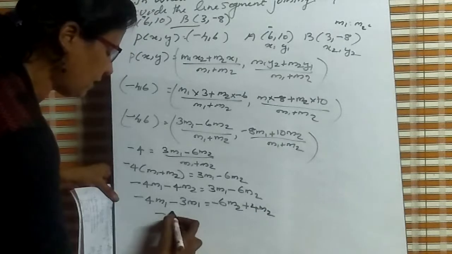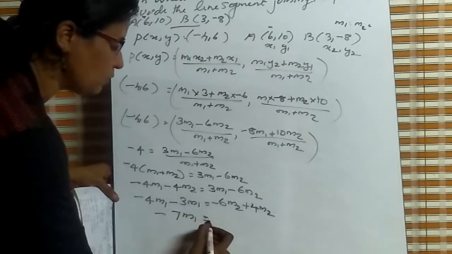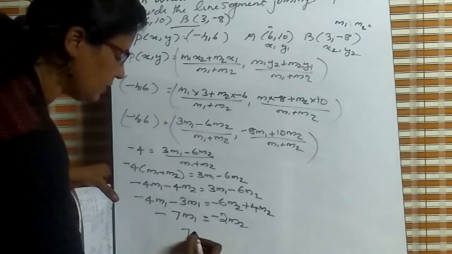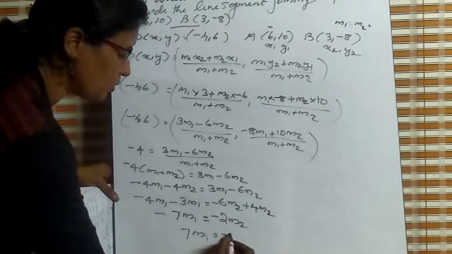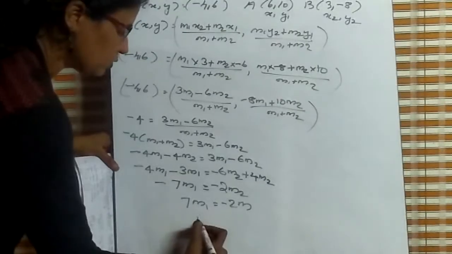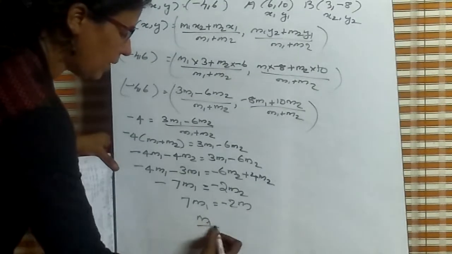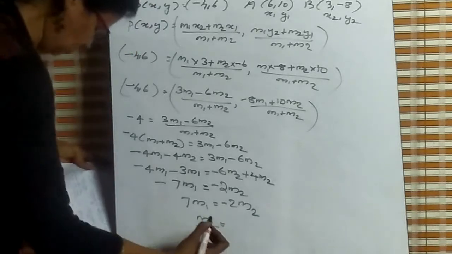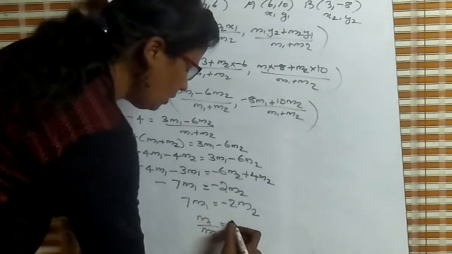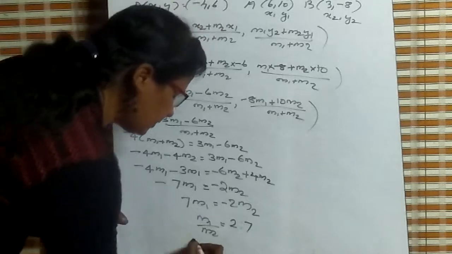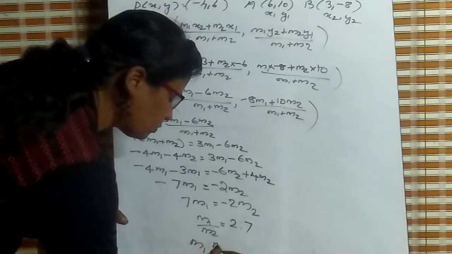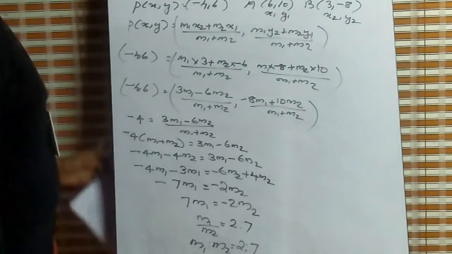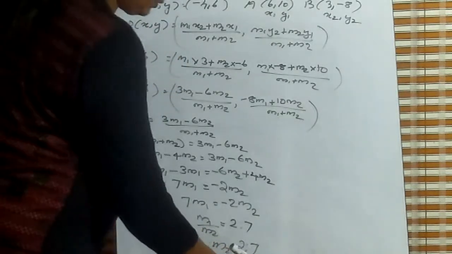Minus 7m1 is equal to minus 2m2. Minus minus cancelled, 7m1 is equal to 2m2. So m1 by m2 is equal to 2:7. That means m1 is to m2 is equal to 2:7. That is our ratio is 2:7.